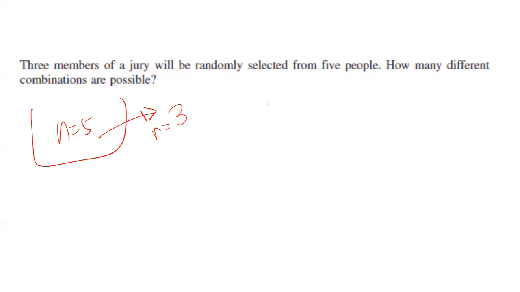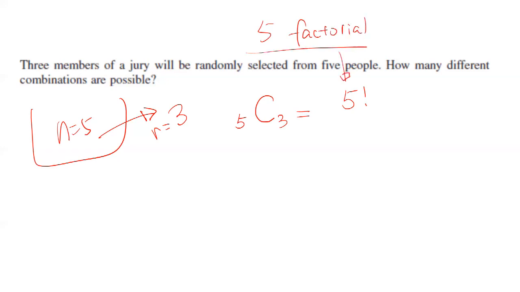So the equation is C(5,3) equals 5 factorial divided by 3 factorial and (5 minus 3) factorial.